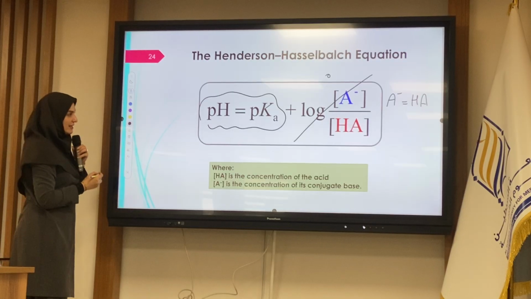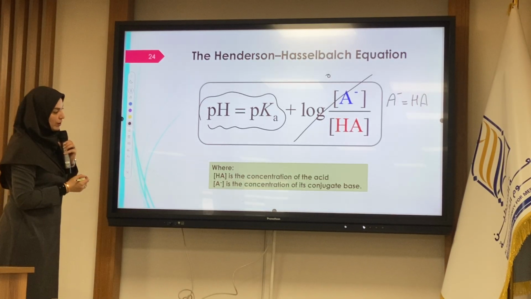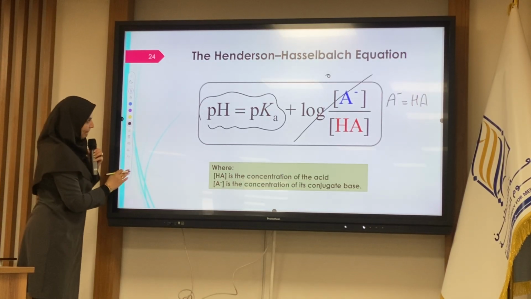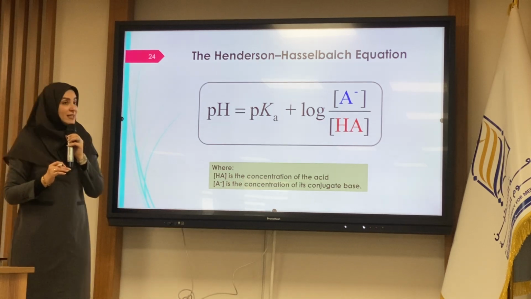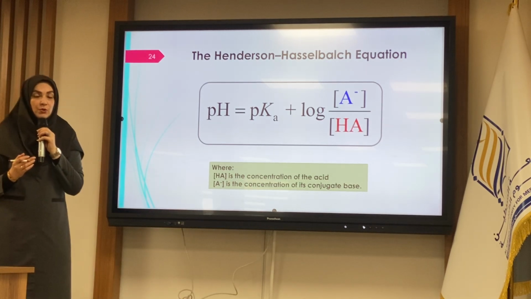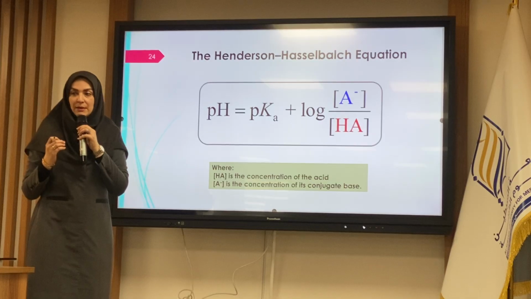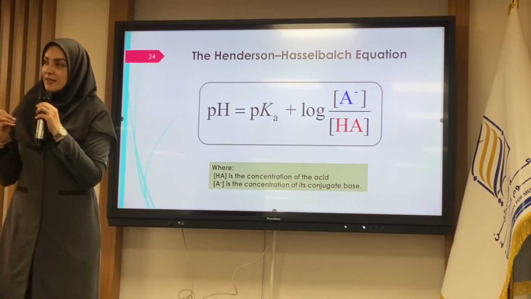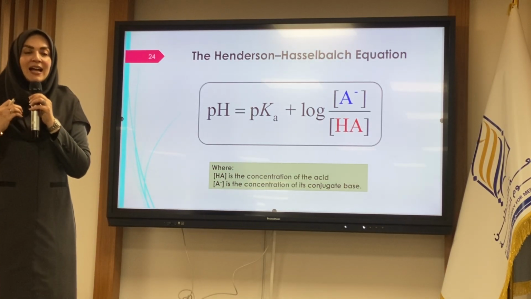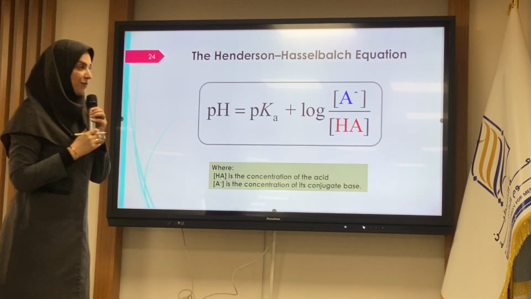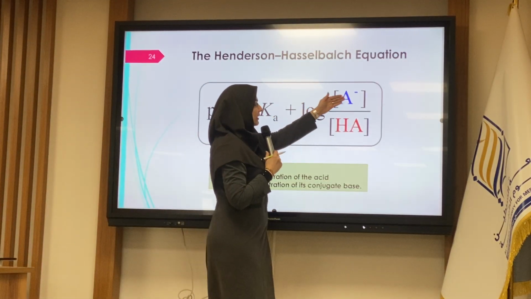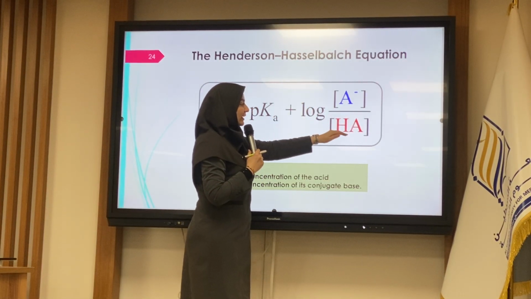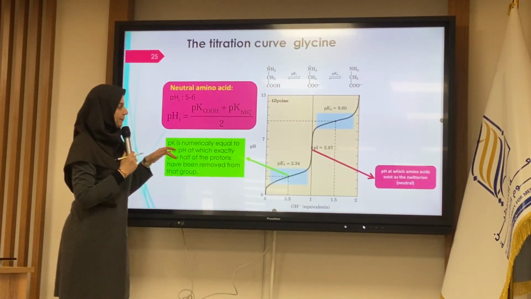This is the Henderson-Hasselbalch equation, and it is very important in a buffer system. The maximum buffering capacity takes place at which point? Whenever you have equal conjugate base and acid.